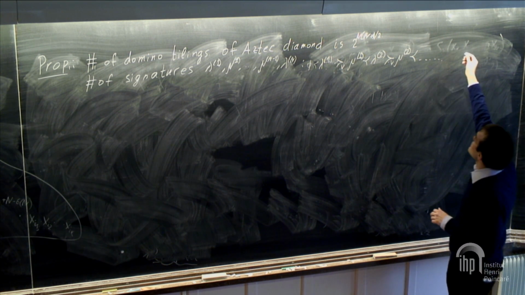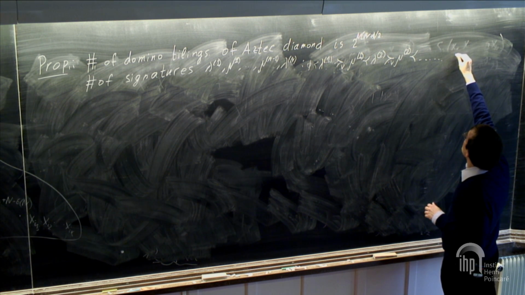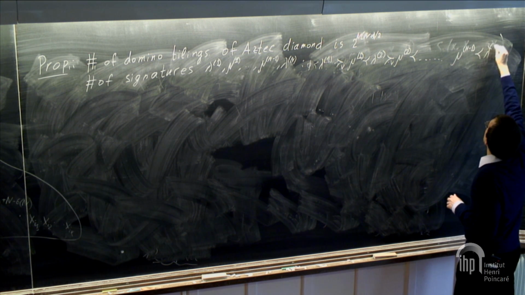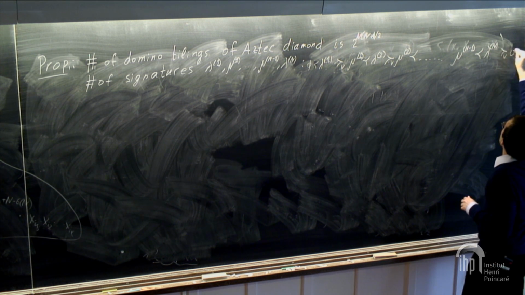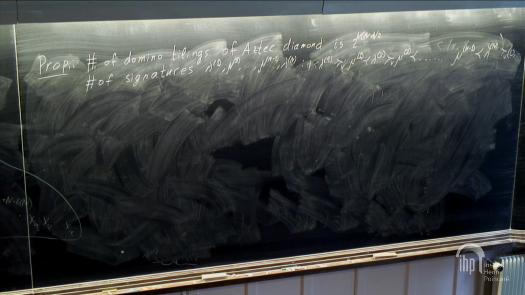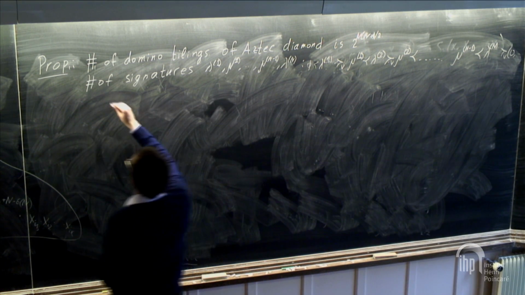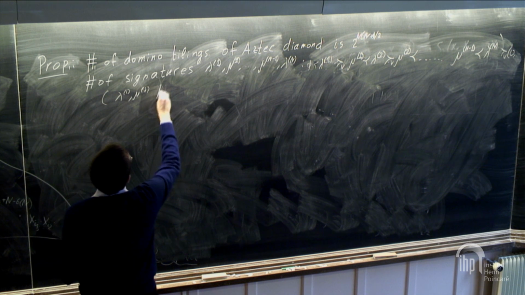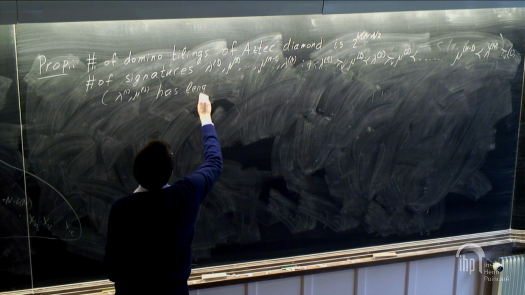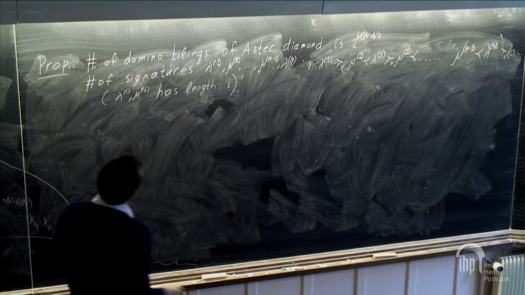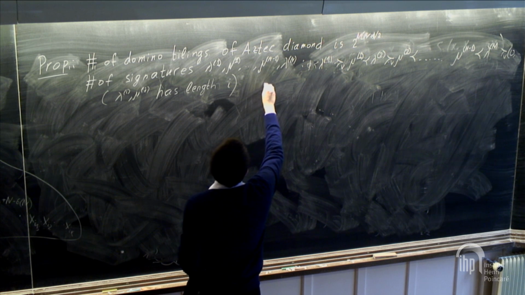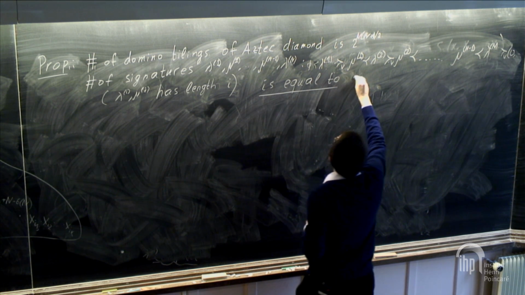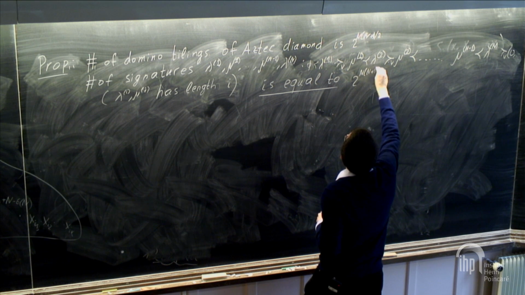It's not important, but for clarity I will say so. So the number of signatures with this condition is equal to 2 to the power n plus 1 over 2.